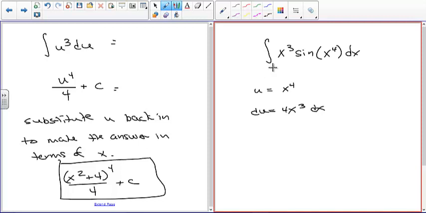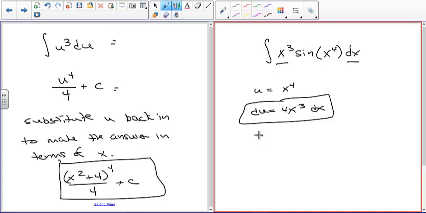Now, if you look back at this original equation, I don't have 4x cubed dx. So there's two ways to do this, and the way I'm going to show you is I want to solve this equation so that what's not involving the main term, this one, is that I can make the direct substitution.